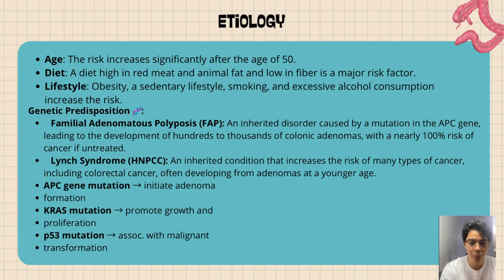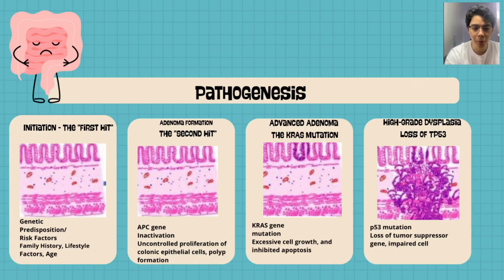The key gene mutations. First, APC gene mutation initiates the adenoma formation. Second, RAS mutation promotes growth and proliferation. Third, P53 mutation is associated with malignant transformation. Next is the pathogenesis.